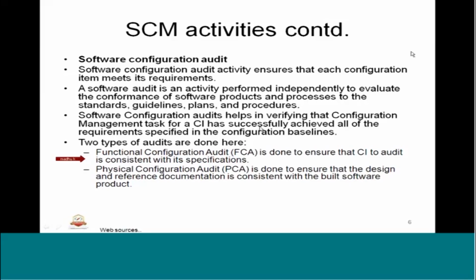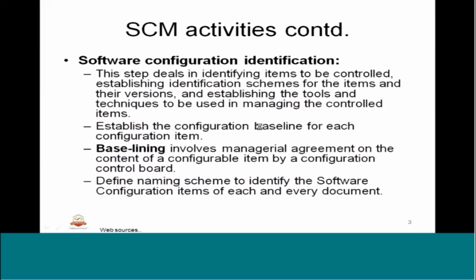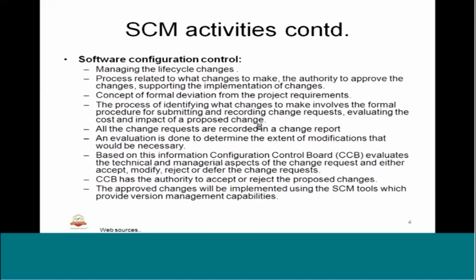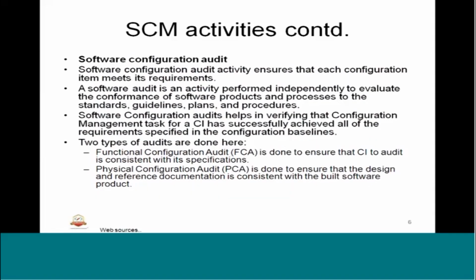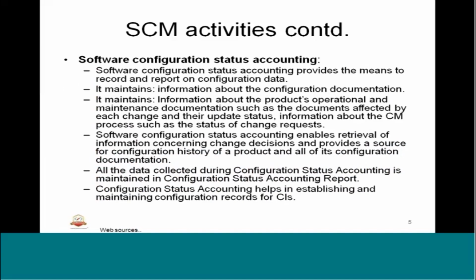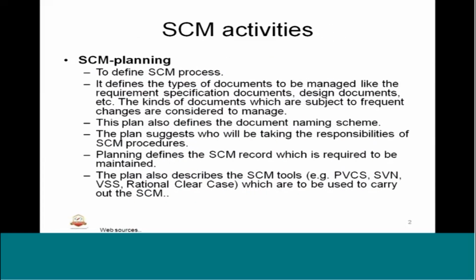So we have gone through software configuration identification, software configuration control, software configuration accounting, and software configuration audit. These four elements are the basic elements used in SCM activities. And planning is of course part of either the project management plan, or we can have it as a separate SCM plan itself.